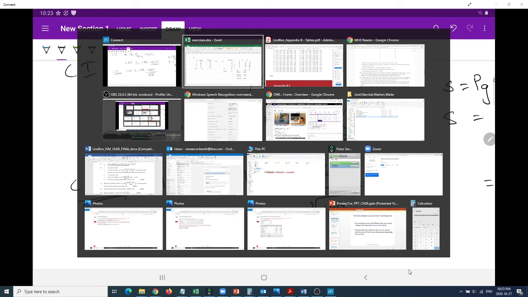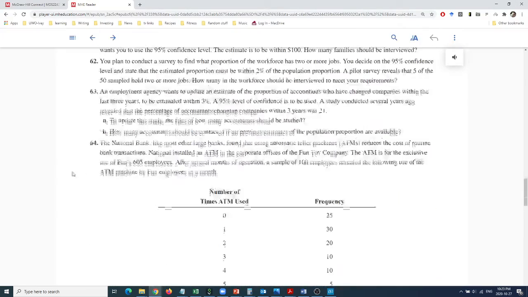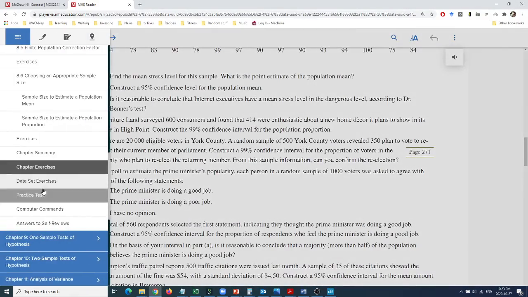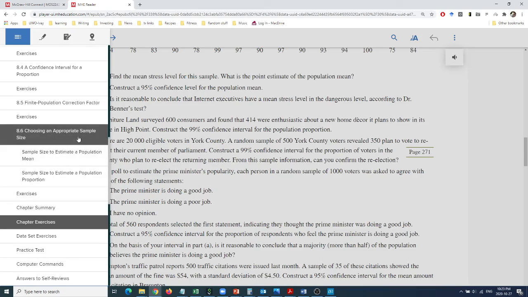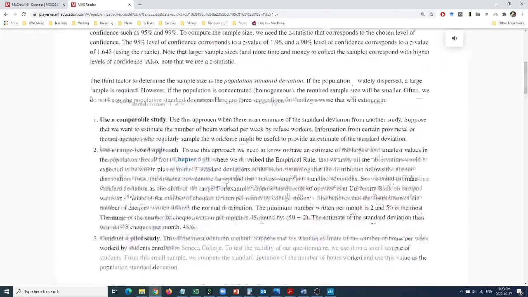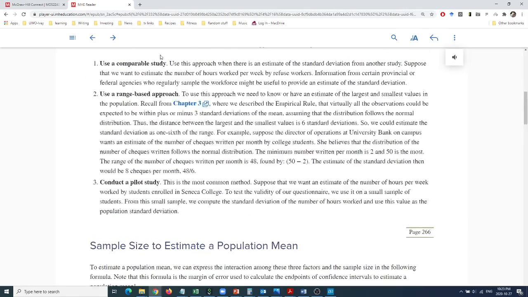Okay, so when you actually try and compute these problems, there's the idea of the finite population correction factor. That's an additional thing which you could apply when choosing the appropriate sample size.